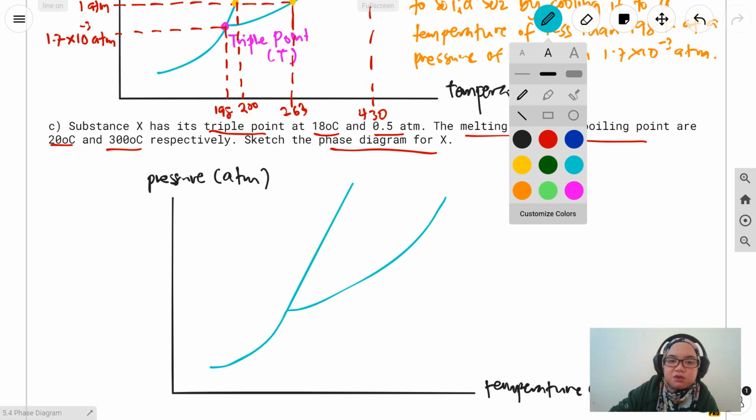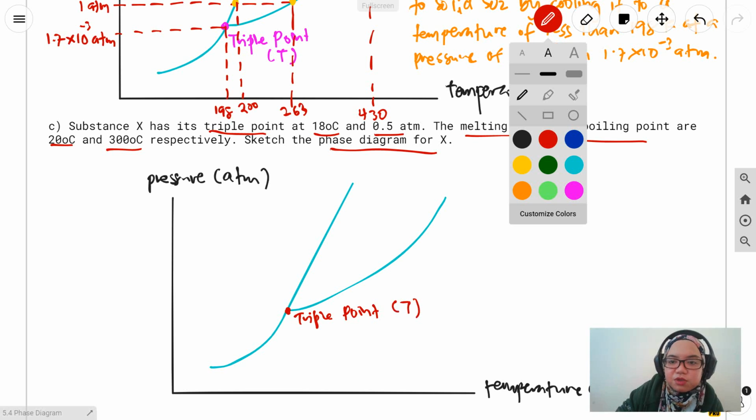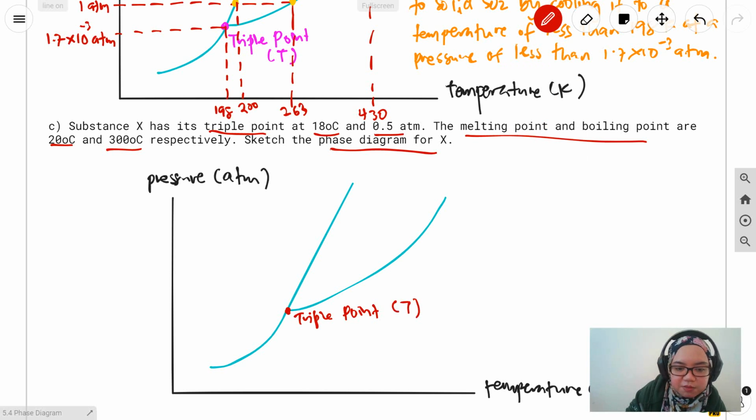Okay. So, this way kita label triple point dia at 180 degree Celsius and 18 degree Celsius and 0.5 atm. So, kat sini adalah triple point T. So, kita label dia punya pressure dia kat mana dengan ni.